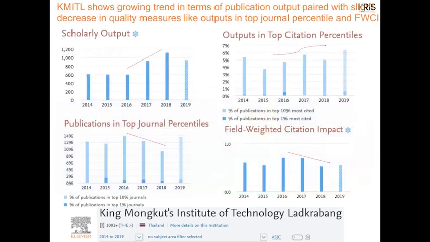If we look at a number of key indicators over a 6-year period, we can see that the number of papers has grown quite a lot from 2016 to 2018. But if we look at the percentage of papers published in the top journals, say the top 10% highest quality journals, it decreased a bit from 2016 to 2018 and then increased again in 2019.